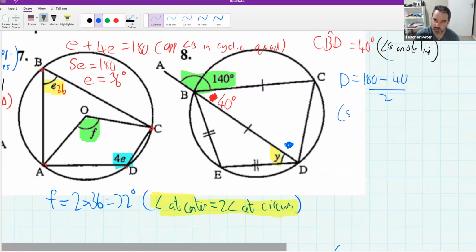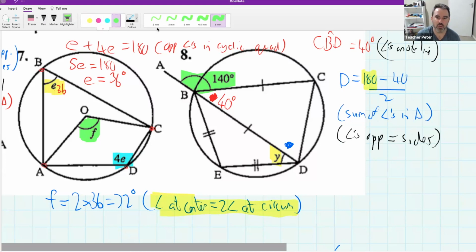The reason is the sum of angles in a triangle, and that we used for that 180 there. And the other reason is angles opposite equal sides. That's why we knew we could divide by 2, because these two angles are the same. Okay, so what is D? I get D is 70. Okay, are we ready to find what Y is now? What's Y going to be?